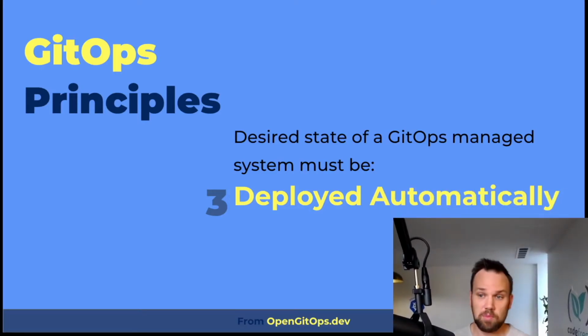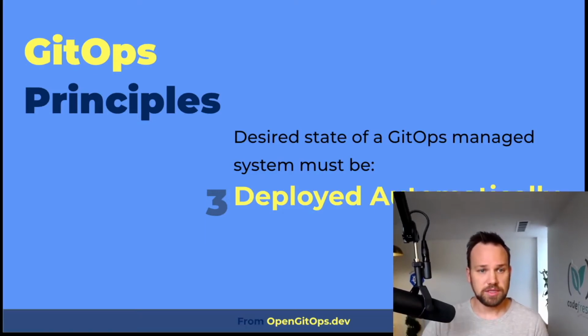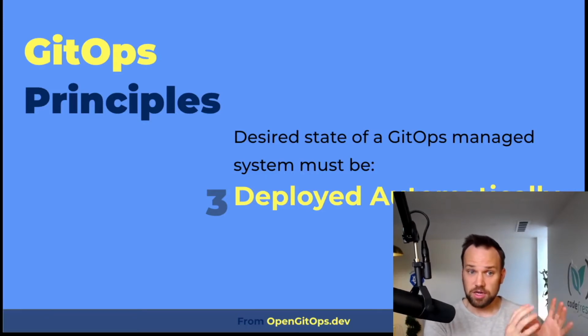Now, a lot of people are scared of this step because you've done maybe continuous delivery, but not continuous deployment. You always want to have somebody with a button to press here. What this really says is that your system needs to store things in such a way and operate in such a way that once it is defined in your declarative, immutable, versioned format, so if it's a Git repo, let's say it's in your main branch, that should be deployed automatically.